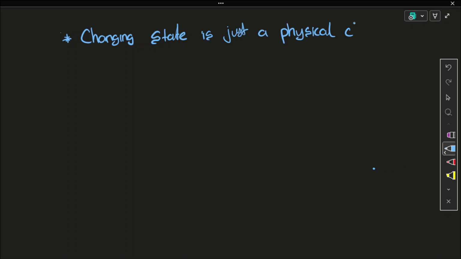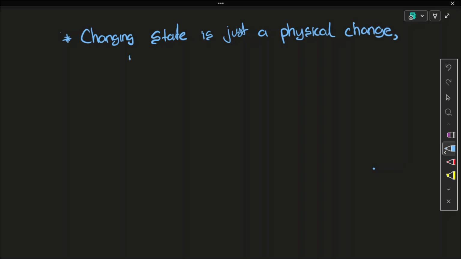Now we'll get to the actual changing state. The first thing I want to mention about changing state is that state changes are physical changes.